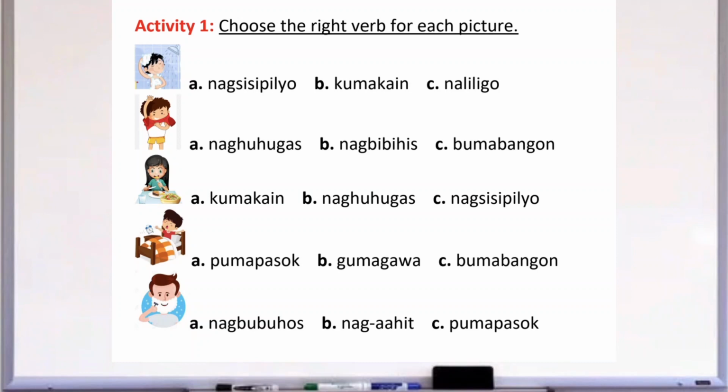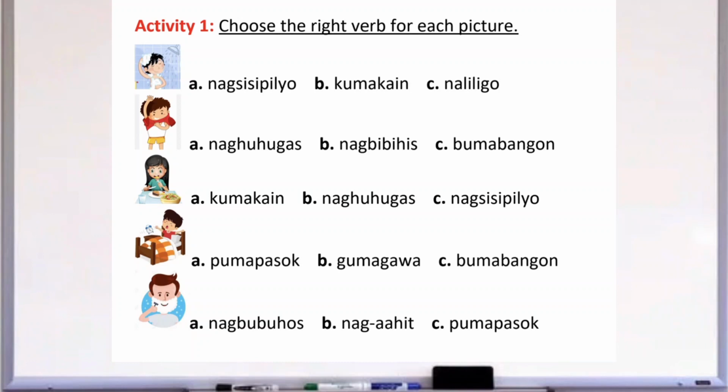So let's take the first picture here. Is this A, nagsisipilyo, B, kumakain, or C, naliligo? What do you think? Did you get it? It's letter C, naliligo, from the root verb ligo, to take a bath. Let's go to the next picture.